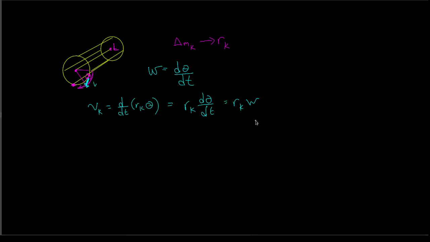Then we have an energy component, which is our little mass component. So we'll look at kinetic energy. Right, 1/2 mv squared, so we have our little mass element moving, and then its velocity component squared.